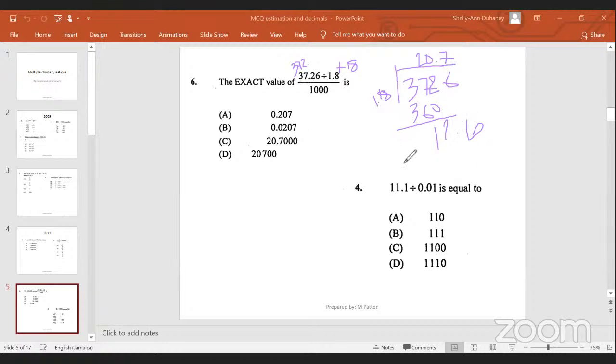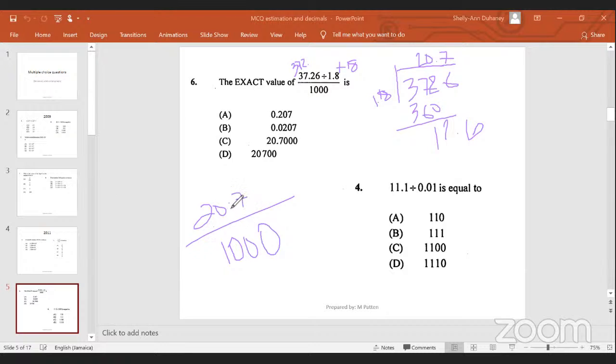All right. So I end up with 20.7 divided by 1,000. So if I'm going to divide by 1,000, how many places can I move, and which direction? Three places to the left.